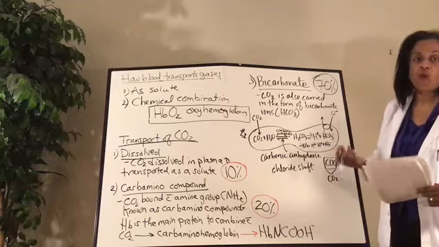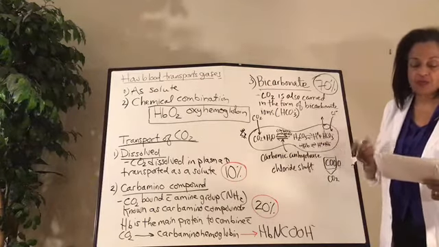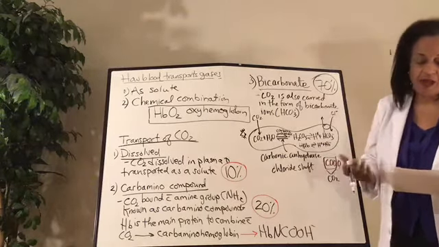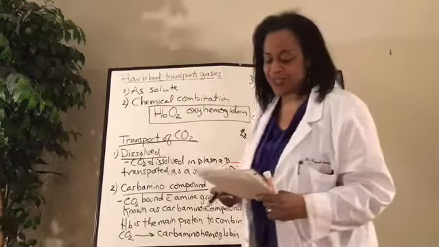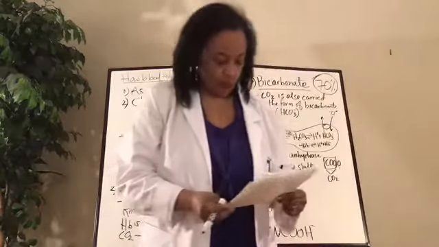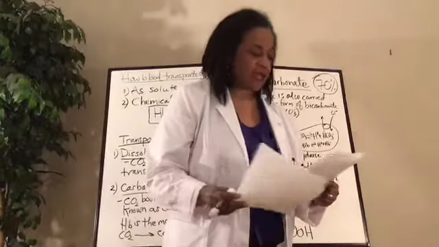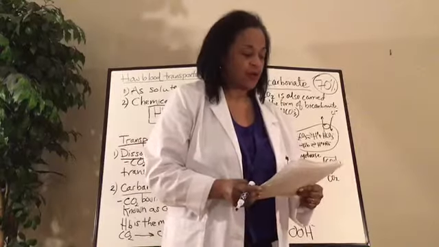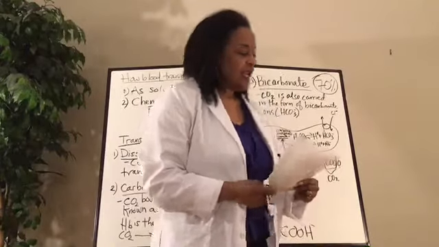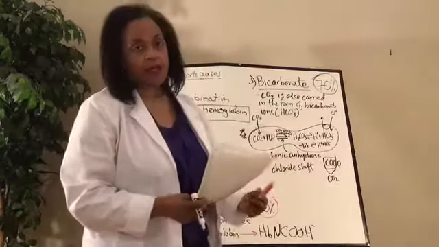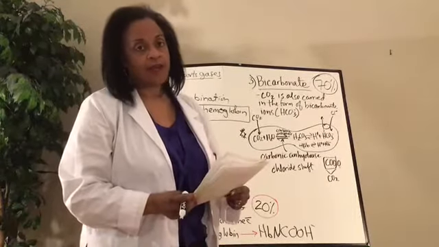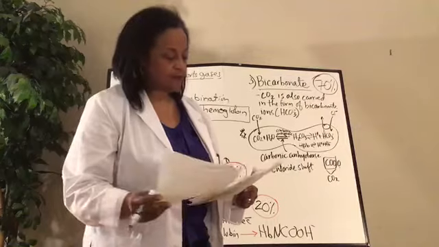I'll put that in words on the board so you can understand that. Read that anyway for your pleasure. And that will be the last slide. So this allows a greater carrying capacity of carbon dioxide in the blood.